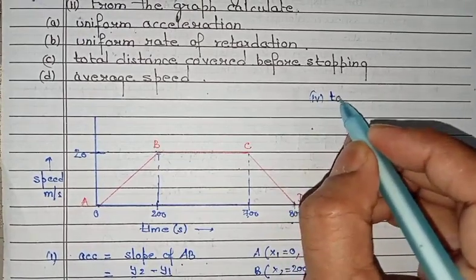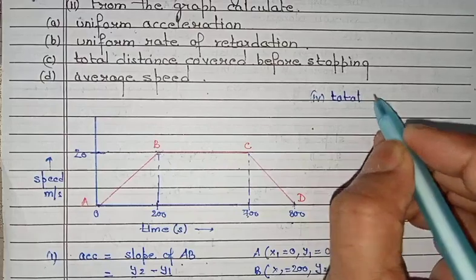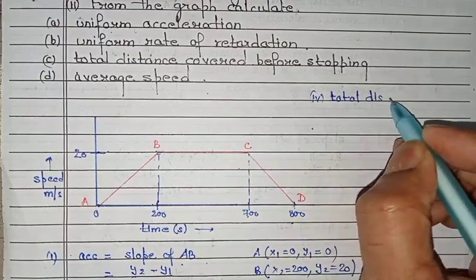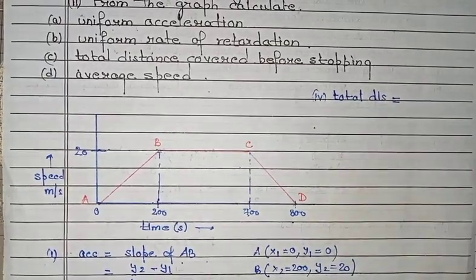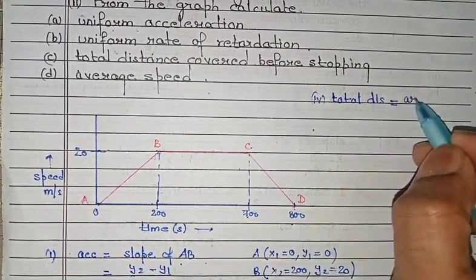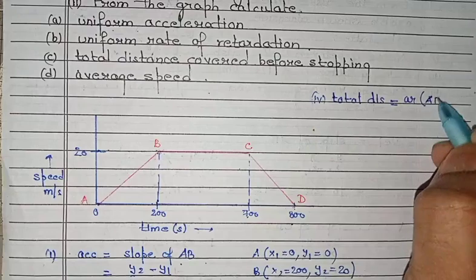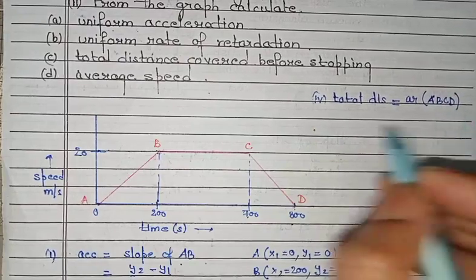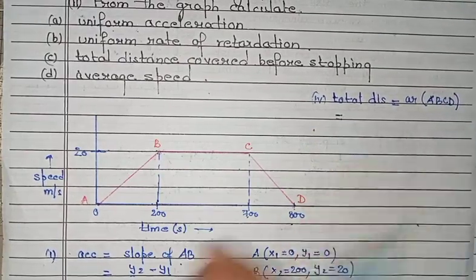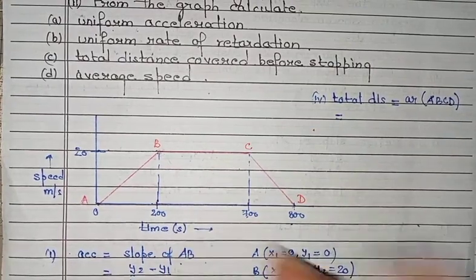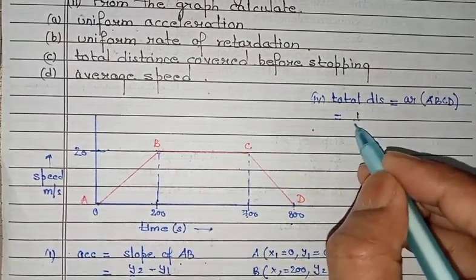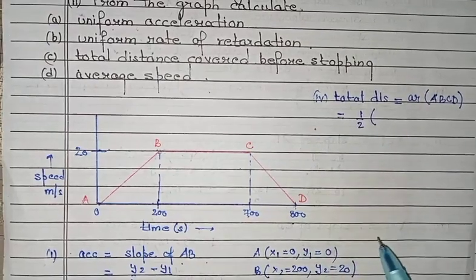So to get the total displacement, so total distance, that will be equal to the area of the figure ABCD. Now you can see in the figure ABCD is a trapezium. So we will be using the formula of the sum of parallel sides.